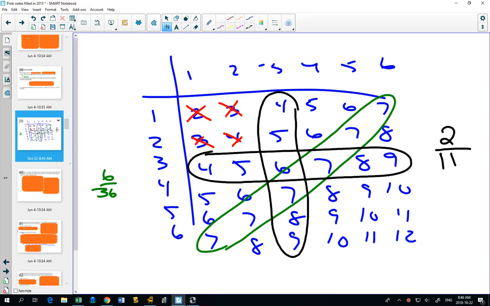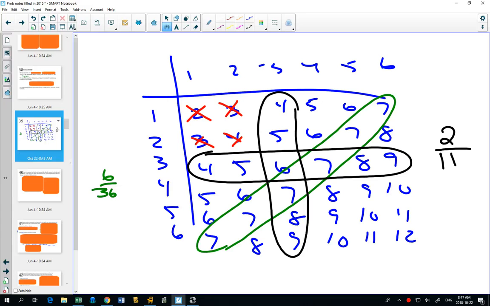So it's close to 1 out of 6, but not quite. I chose to roll a red and a white die, because if I tell you the white die is a 2, then your probability is 1 out of 6.